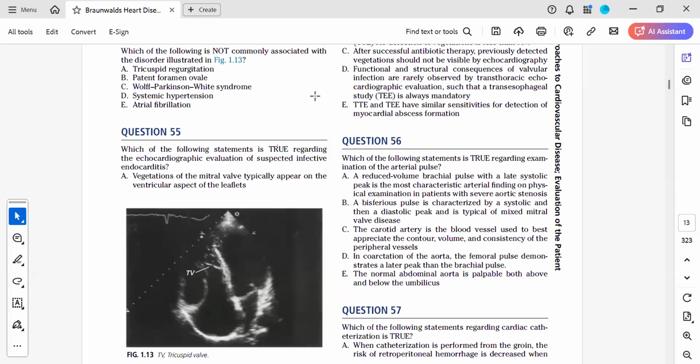Option E, atrial fibrillation. The increase in the size of the right atrium also predisposes them to atrial fibrillation. I said that most of them would either have atrial fibrillation or atrial flutter. So option D is the true option because Epstein's anomaly is not associated with systemic hypertension.